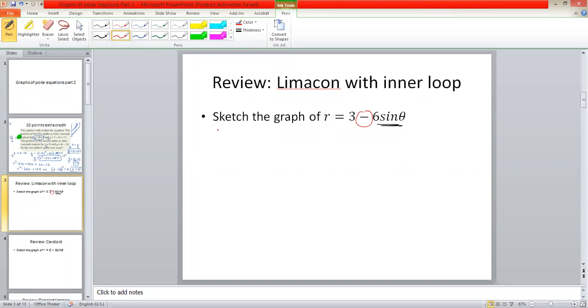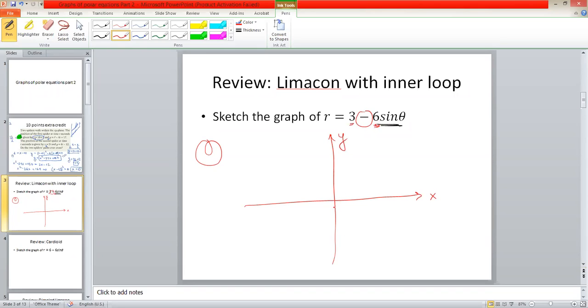And as usual, whenever I draw or sketch it, I will first of all visualize it. All right, so Limaçon looks like something like that. So that's what I'm trying to draw. My y-axis, my x-axis over here. Okay, I would like to go 3 plus 6.